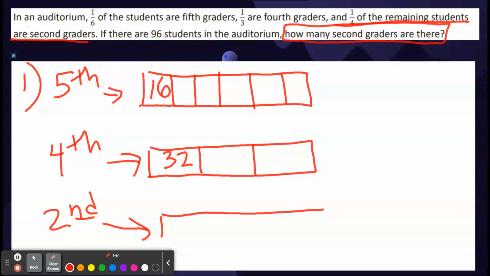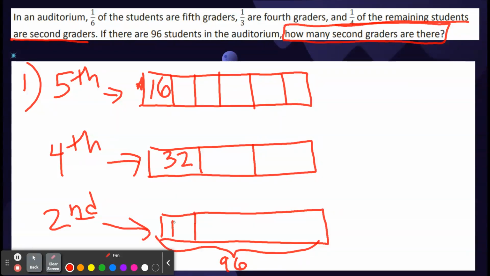So over here, I know that the total number of students in the auditorium is 96. But I also know that 16 are fifth graders and 32 are fourth graders. And we have some students left over, but we don't know if all of these students are second graders.